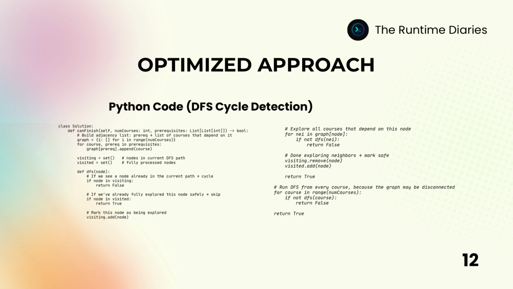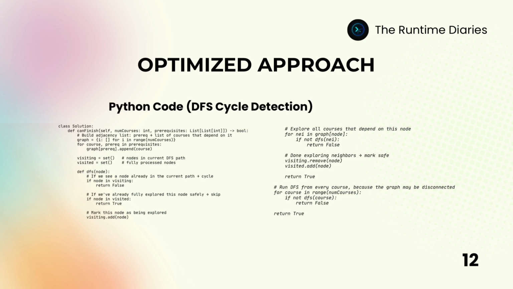Return false immediately. Third, mark the course as visiting. We're now in the process of exploring it. Fourth, recursively run DFS on all children of this course. In other words, explore all courses that depend on this one. Fifth, after finishing DFS on all children, mark the course as visited.